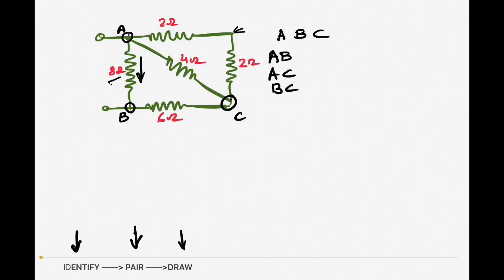What about other paths? Other paths are not direct paths because by the other two paths we have to cross junction C and then reach B. For a direct path we cannot cross any other junction.